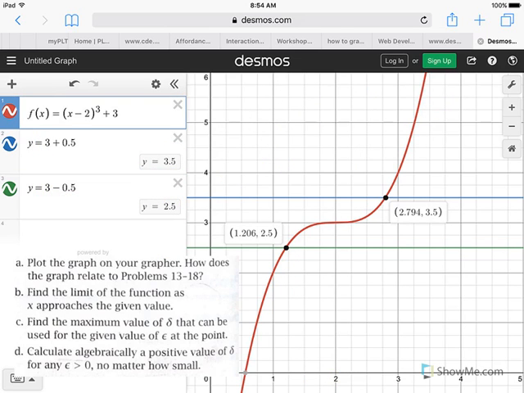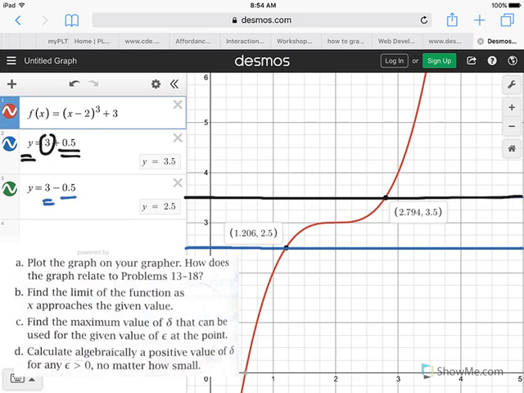To answer that question, I graphed y is equal to 3 plus 0.5, or y is equal to 3.5, whose graph I'm tracing in black here. And then I graphed y is equal to 3 minus 0.5, or y is equal to 2.5, whose graph I'm tracing in blue now.